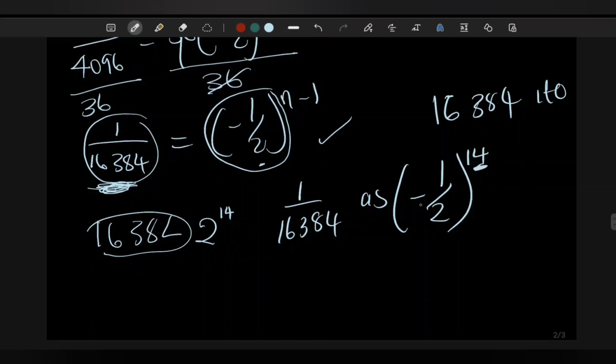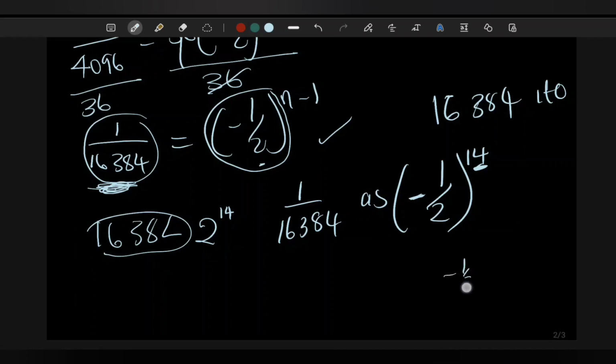This 14 is going to make sure that this negative gets cancelled. So the negative is not a problem as long as we have an even exponent. But if it was not even, it would have been a problem.